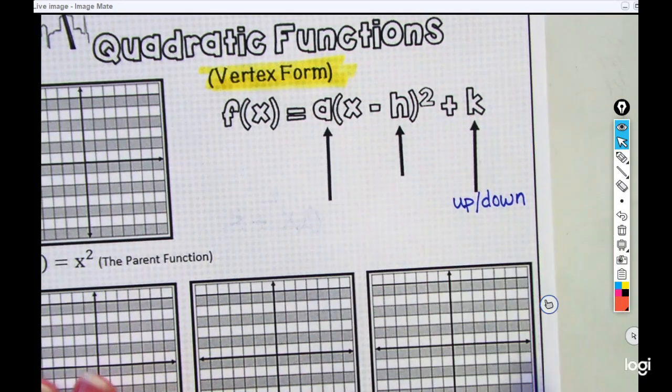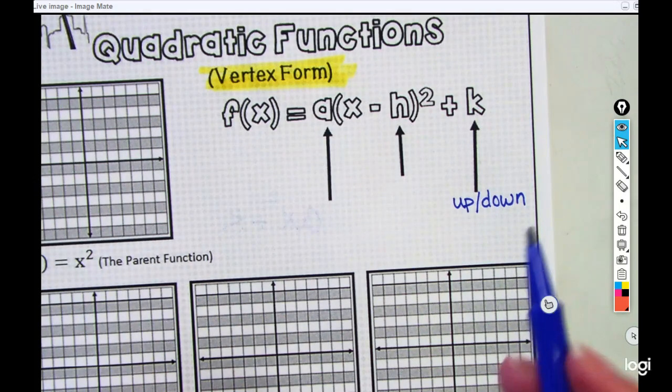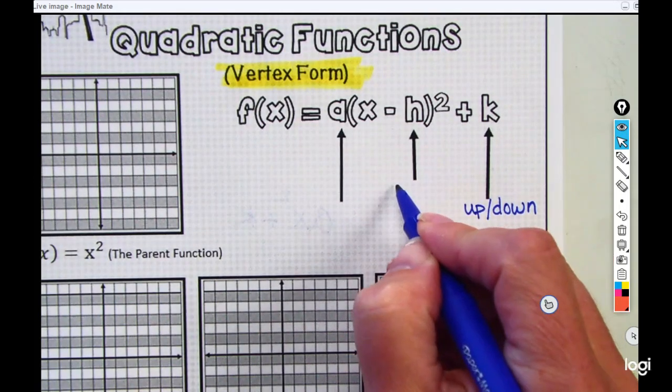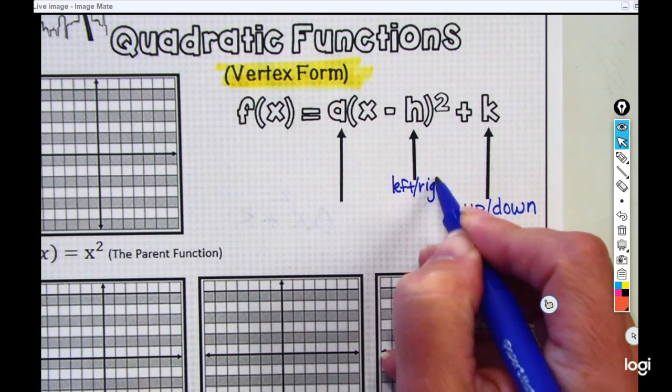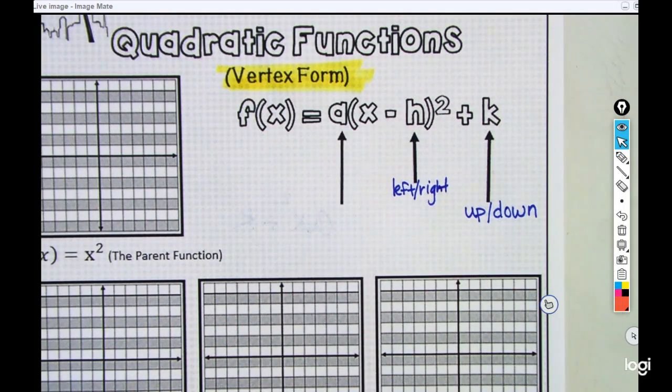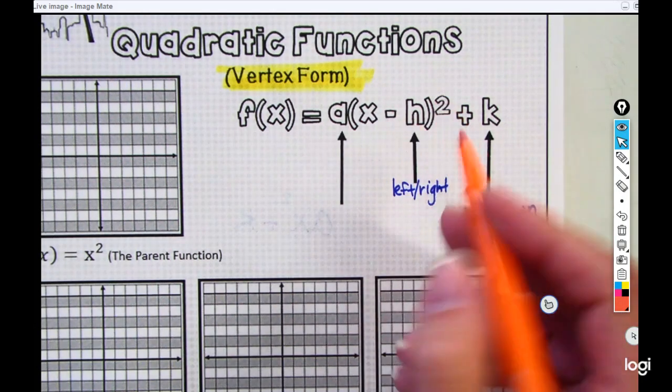up and down. The H moves your vertex left and right. But this one is tricky because of this minus right here in the formula.